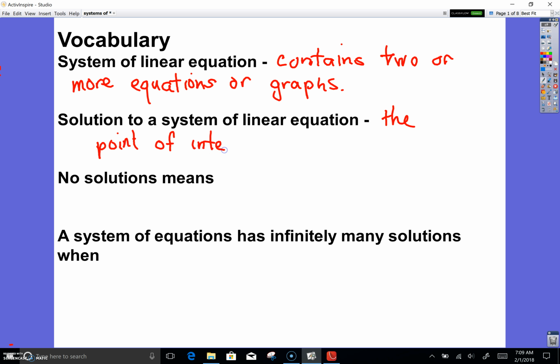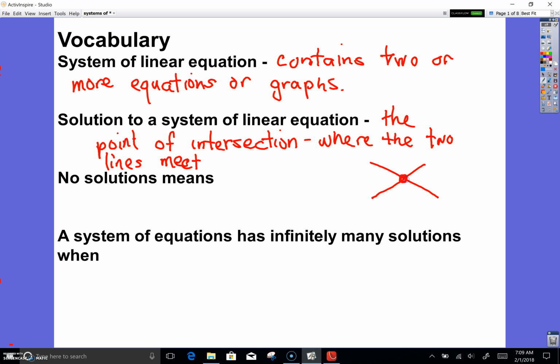It is where the two lines meet. Okay, so if I have a line here and a line here, that is no solution. That is the solution right there.